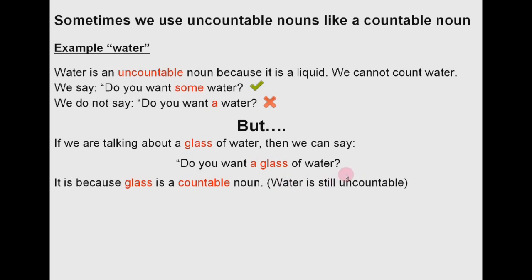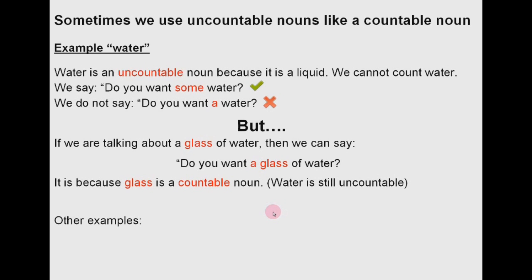So, if we have an uncountable noun like water, we can transform the sentence into a countable sentence if we add a word like glass or another word which is a measure of something or a portion of something.